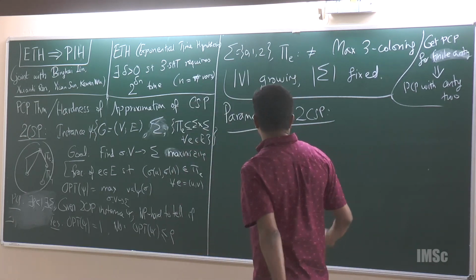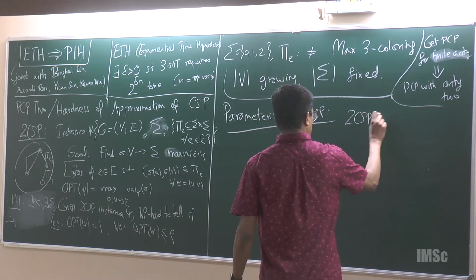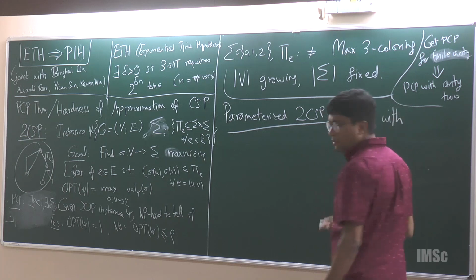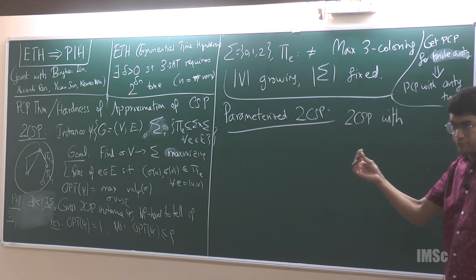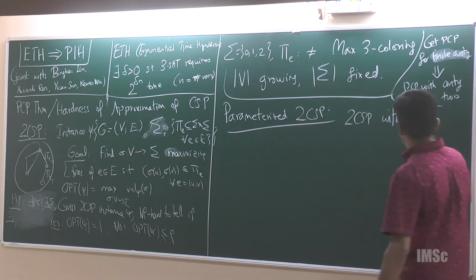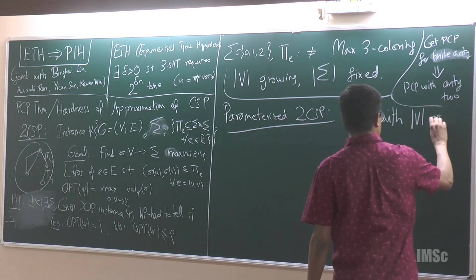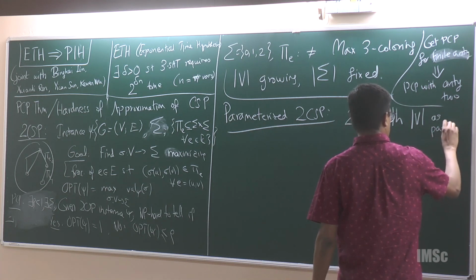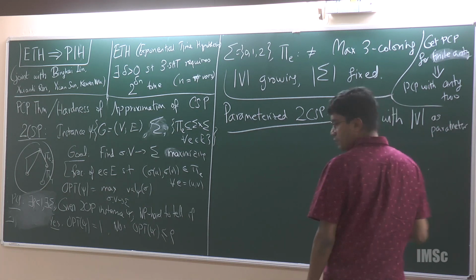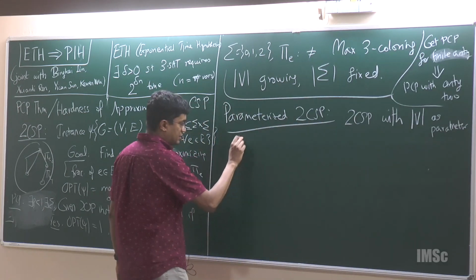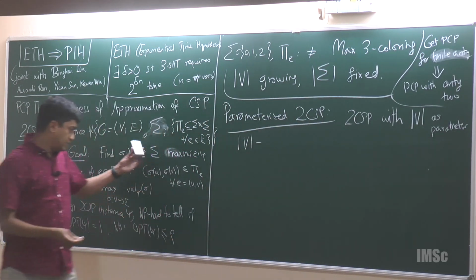So it's really the same thing. 2 CSP with a parameter. Now, in a parameterized problem, I just have to give you one more input parameter. What is the parameter? The size of the vertex set. So really what I'm going to think about here is that the size of V is the parameter, because this is a generic problem.